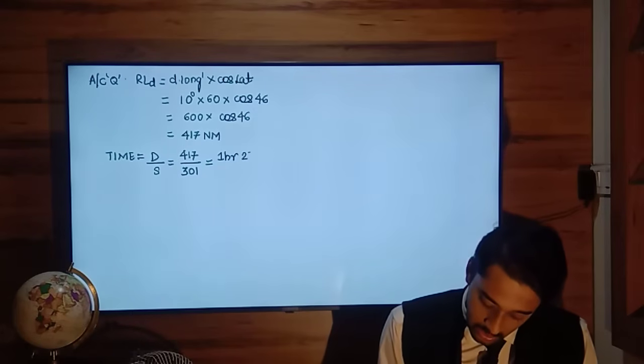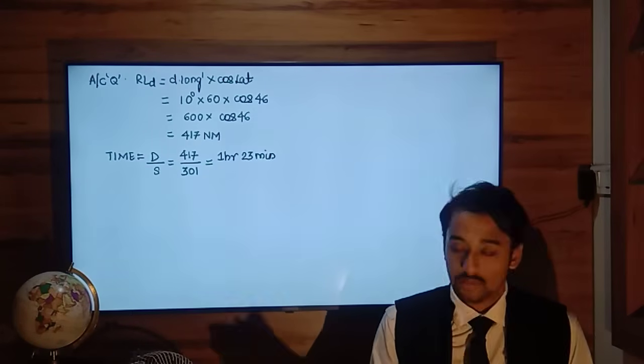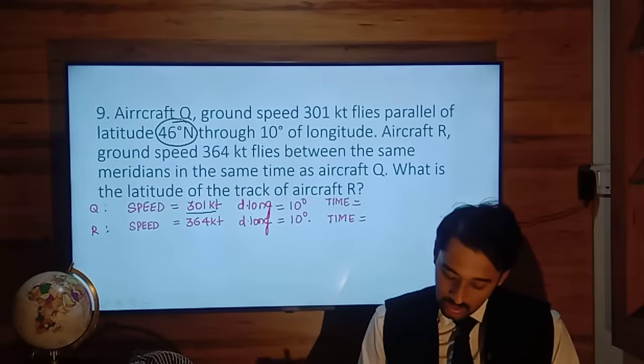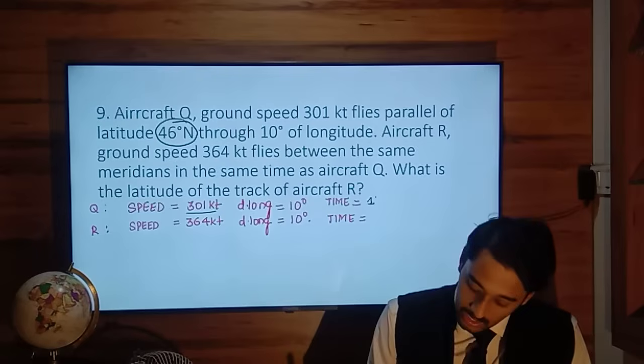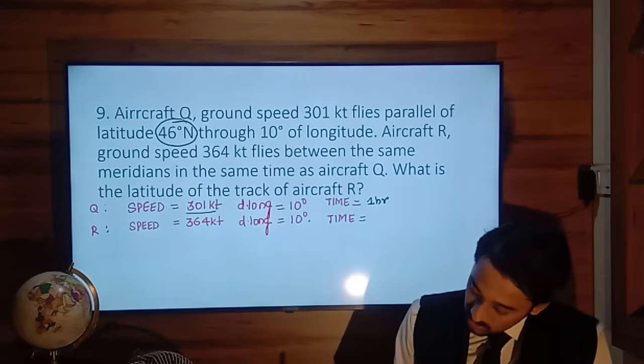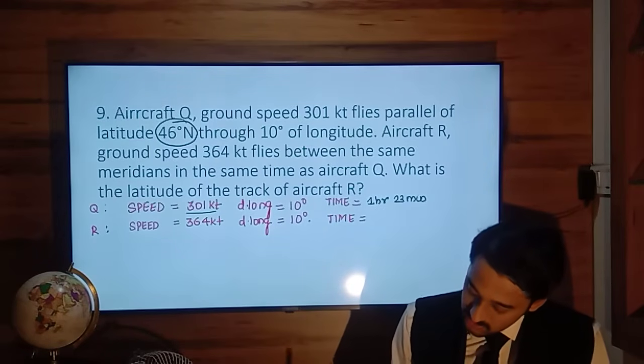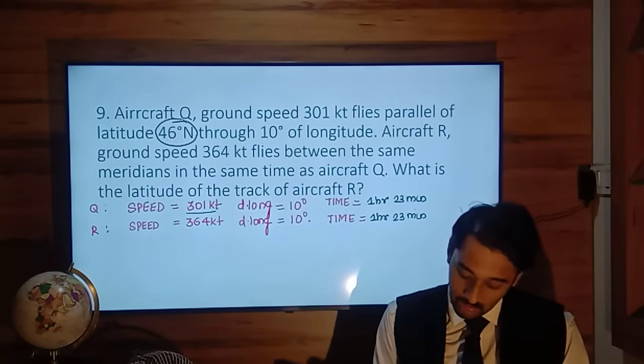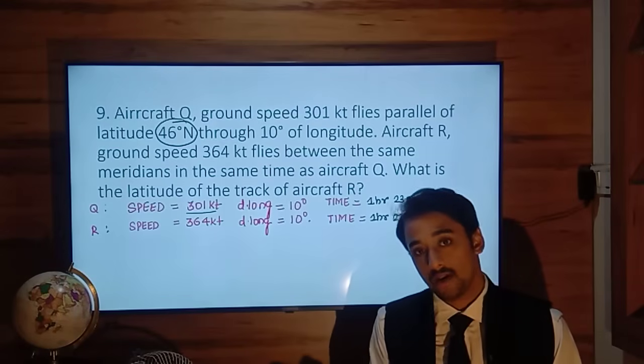Now the second aircraft, aircraft R, also takes the same amount of time, 1 hour 23 minutes. Now we have to find the latitude for that aircraft.